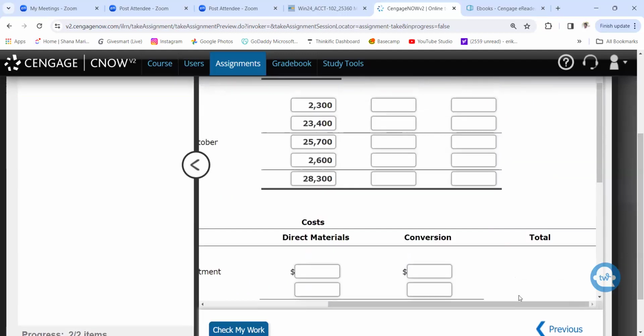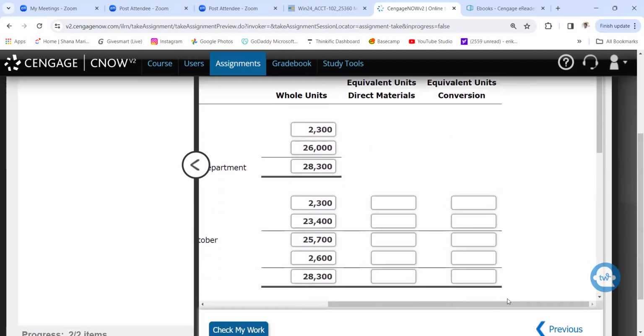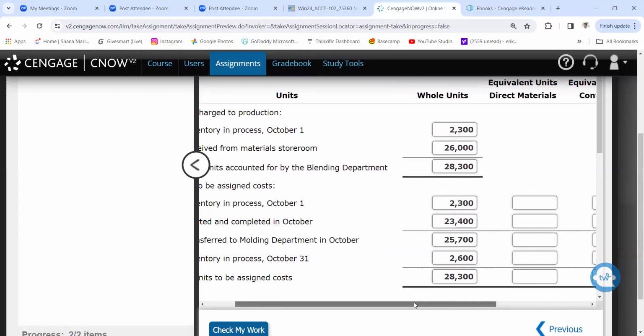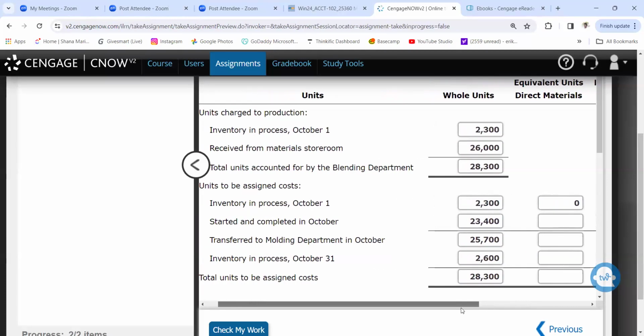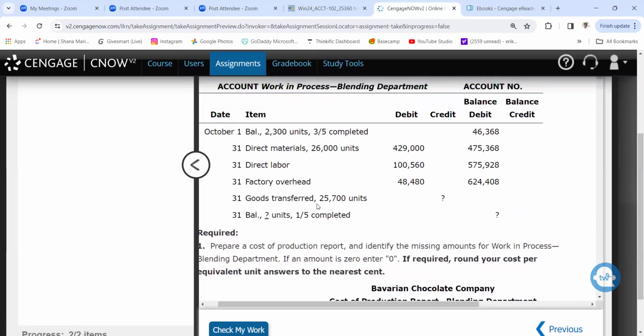Okay. All right, now we must turn them into equivalent units. So it says that all of the items for DM were added at the beginning of the process. Well, if this was started in September, we have 0 that needs to be added for DM. Now, on October 1st, they were 3/5 completed.